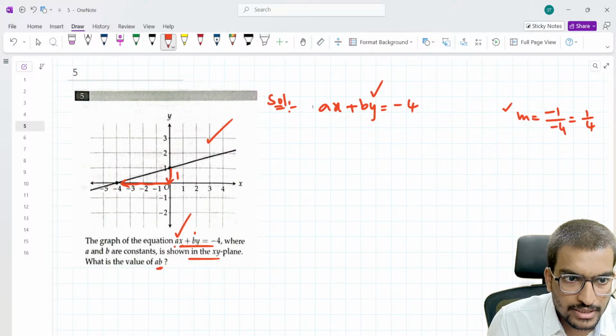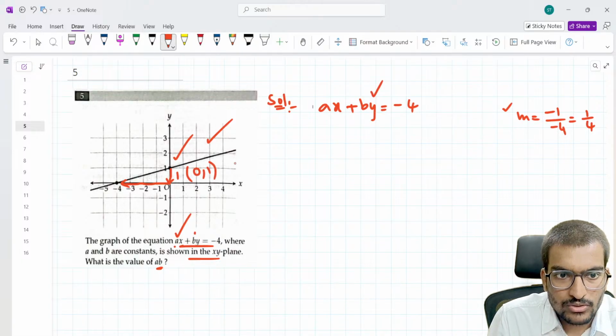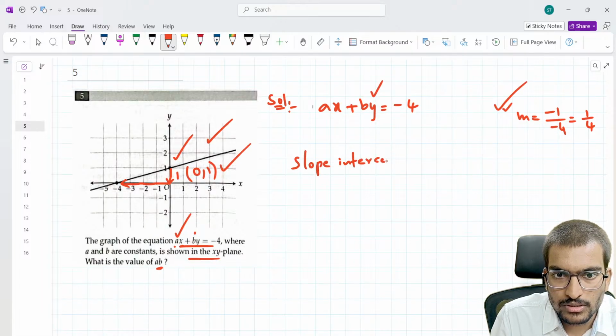So I will take this intercept. What point is this? X is 0, Y is 1. When you have an intercept and when you have a slope, you can use slope intercept form: Y equals mx plus c.